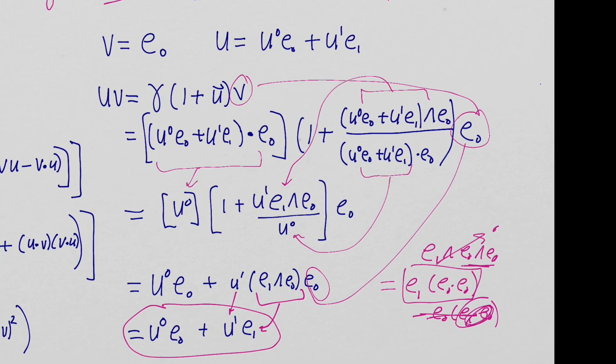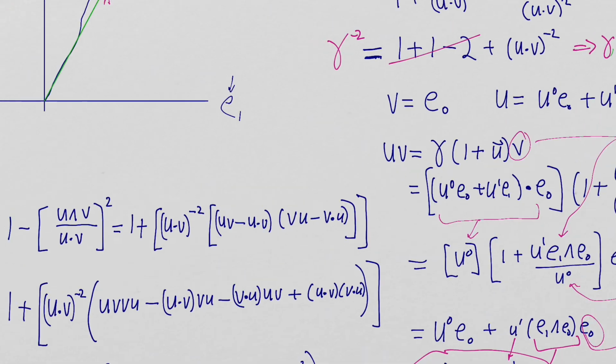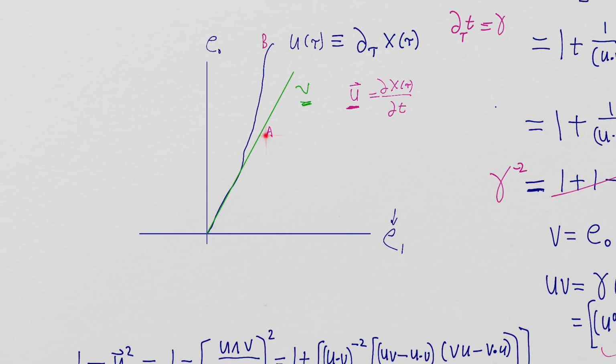Well, in this particular frame, that's not surprising. We've just discovered that it's already split into a purely space part and a purely time part. We just needed to show that gamma u relative v gave us that answer back. However, we could also do this with v being something more complicated and return to our condition where the path of A is not stationary in this general reference frame that we're sitting in.